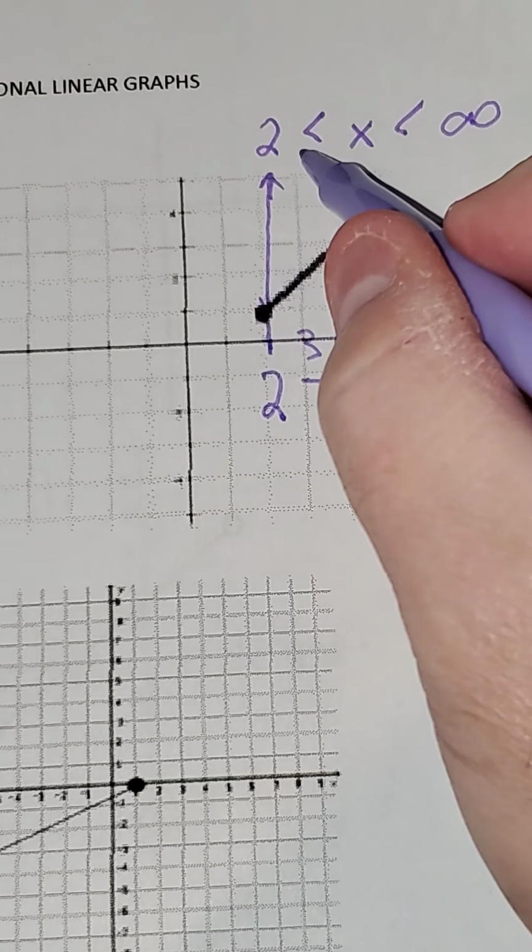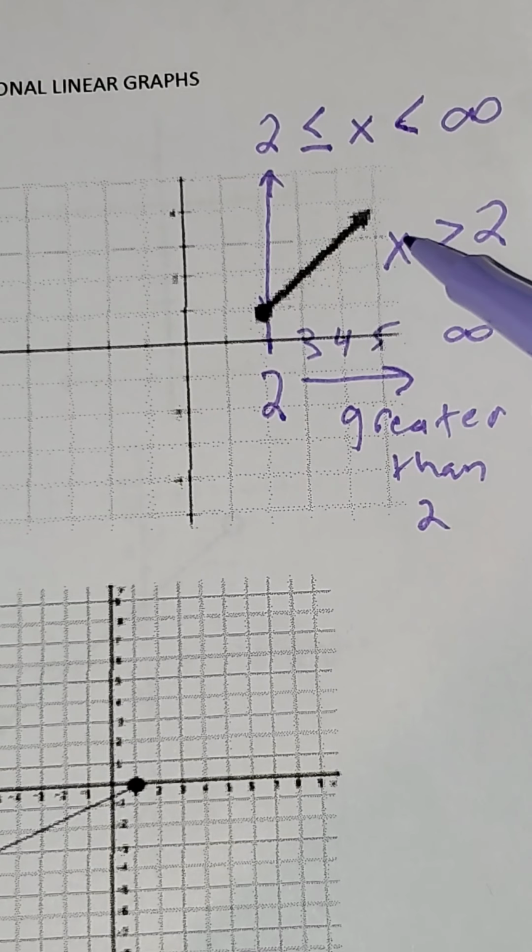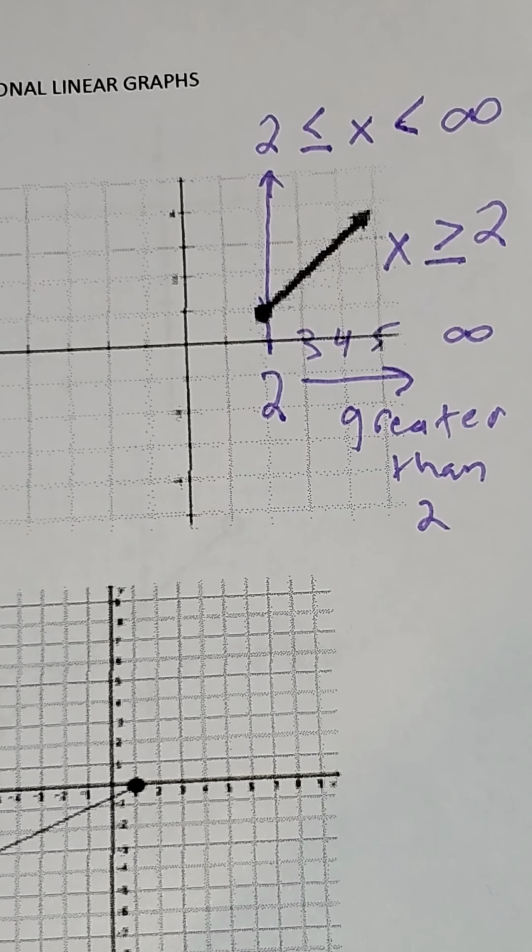This again is a solid dot, so that gets the underline. However, infinity is not a set number. We never equal to infinity. Okay, that being said, notice here, this is still saying x is greater than or equal to 2, which is this, x is greater than or equal to 2.